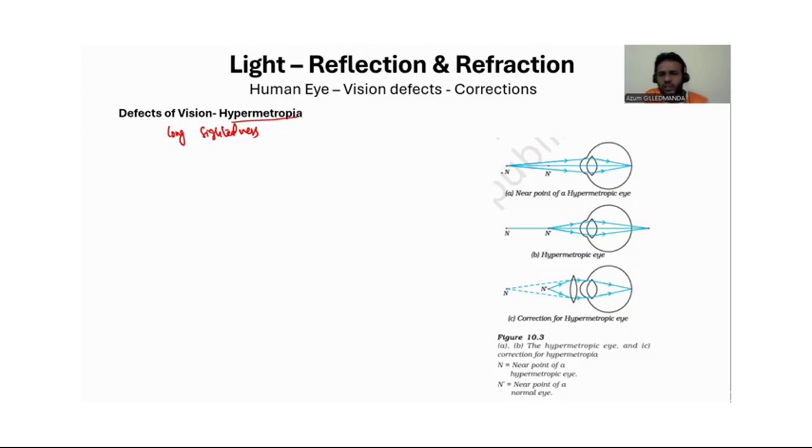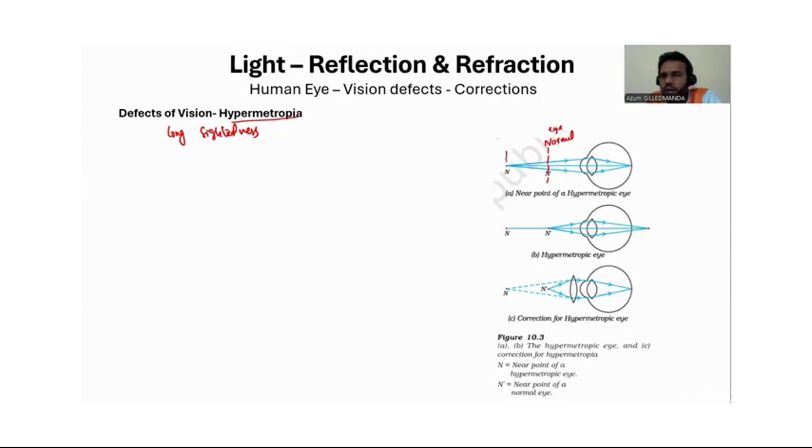If you look at the first diagram here, near point of a hypermetropic eye. So what is N here? N is the near point of a hypermetropic eye. N dash is the near point of a normal eye. So a normal eye can see the object from this close. This is the normal eye.